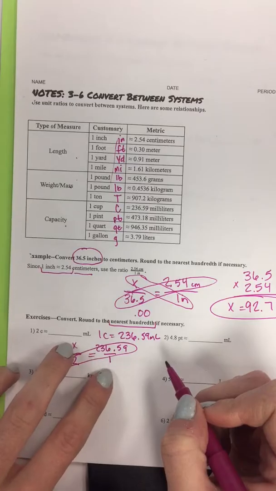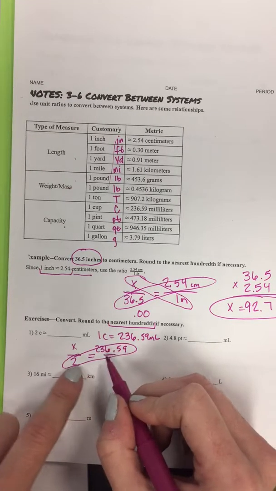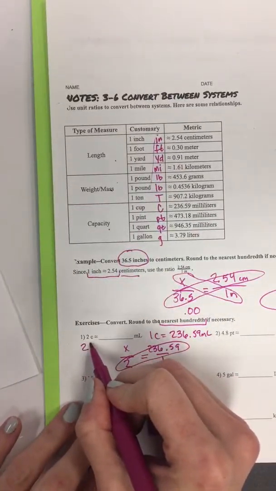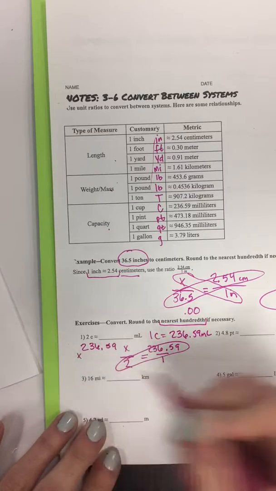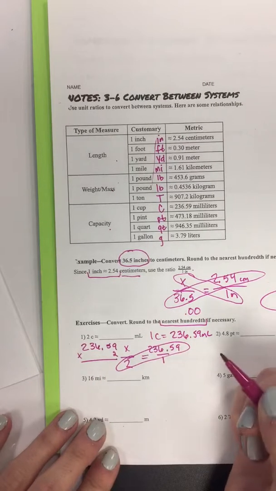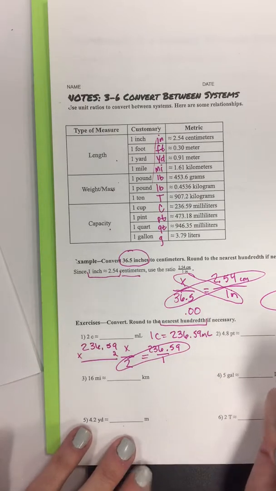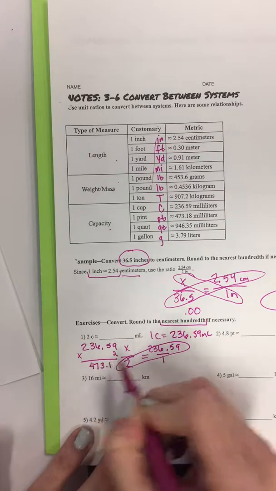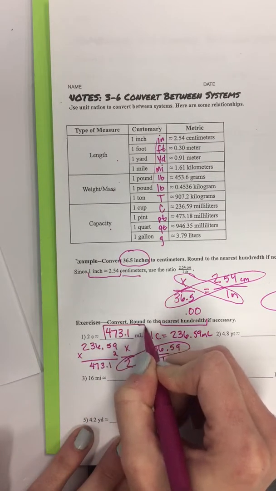You could write your equation and divide by 1, but that's kind of unnecessary. You just need to multiply these two numbers. 236.59 times 2. And again, it's a big number. I'm going to skip ahead, and it's going to give us 473.1 milliliters.